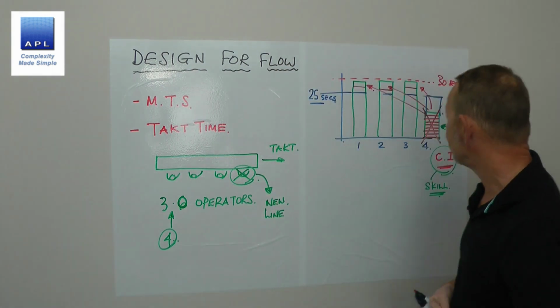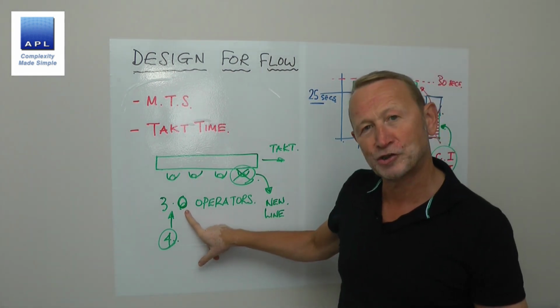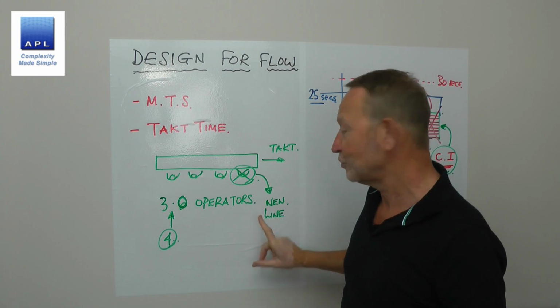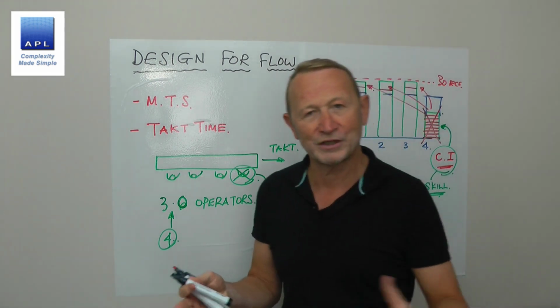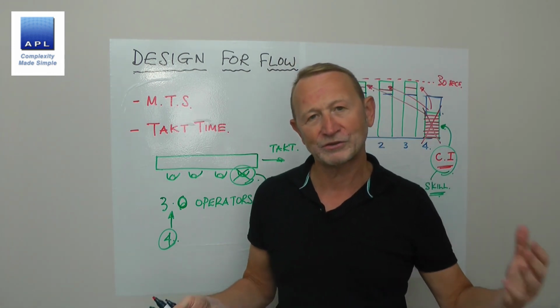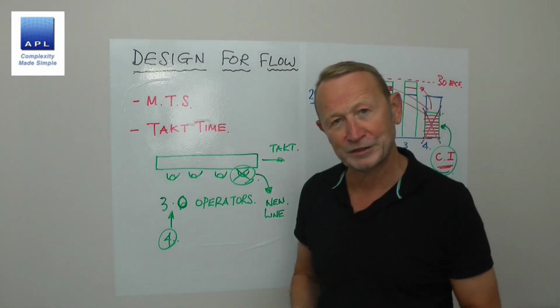We want them to go at takt, and then we engineer away the fraction of a job. And then we take that person, start a new production line, do the same thing again. And we constantly do this with all our cells. But what we don't do is do a perfect line balance.